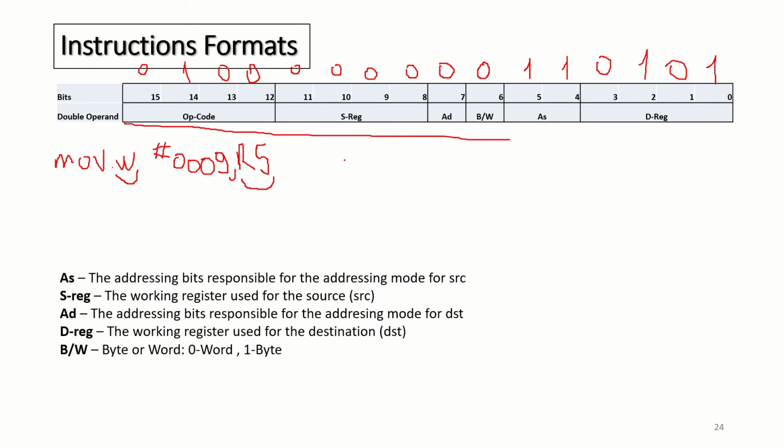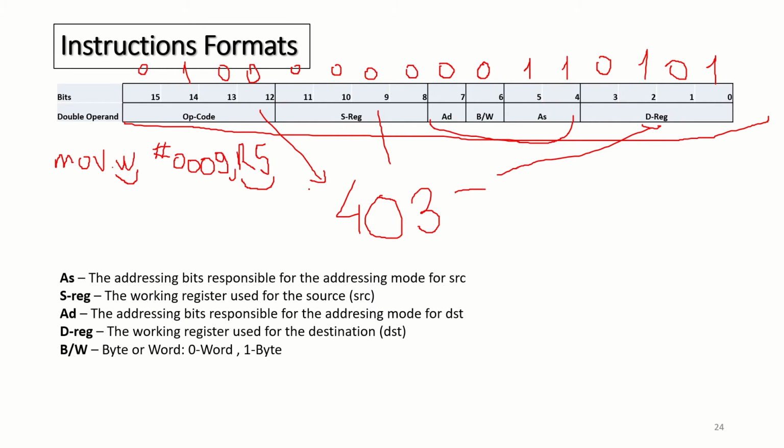If we convert this 16-bit binary value to hexadecimal, we are going to get 4 from this, 0 from the S register, and we are going to have 3 from these bits, and from the D register, we are going to get 5. And in the next 2 bytes, we are going to give the value that we are going to store.